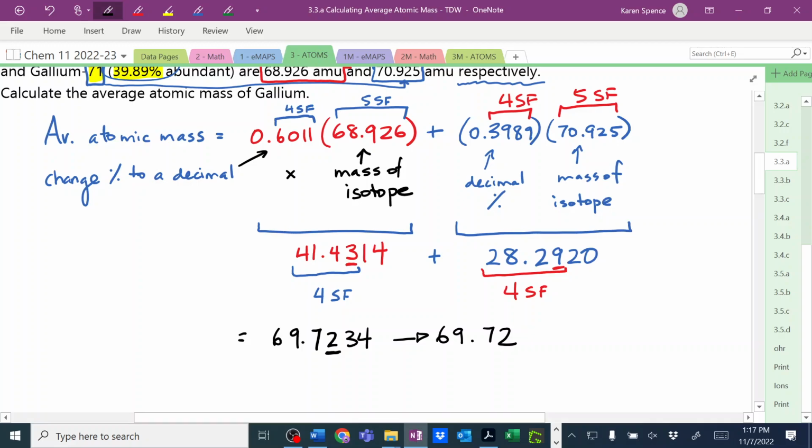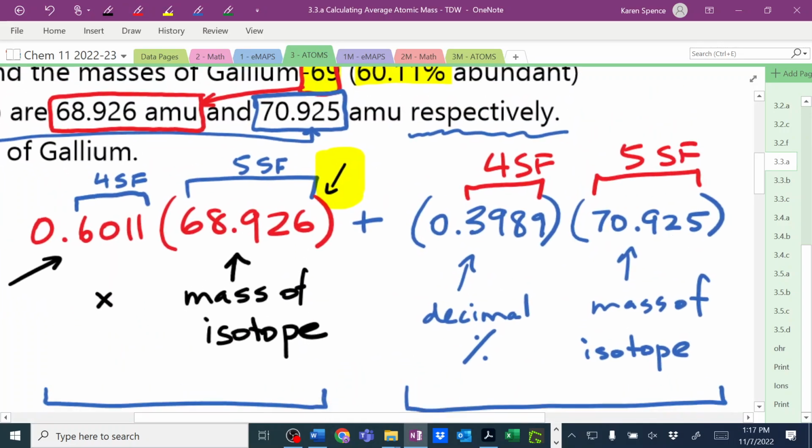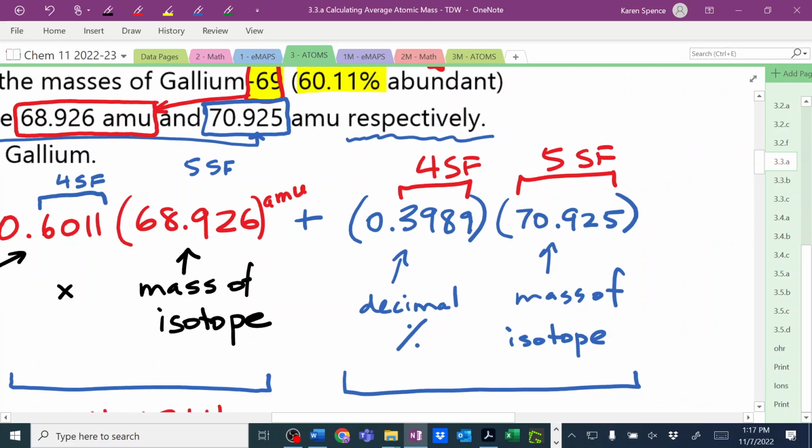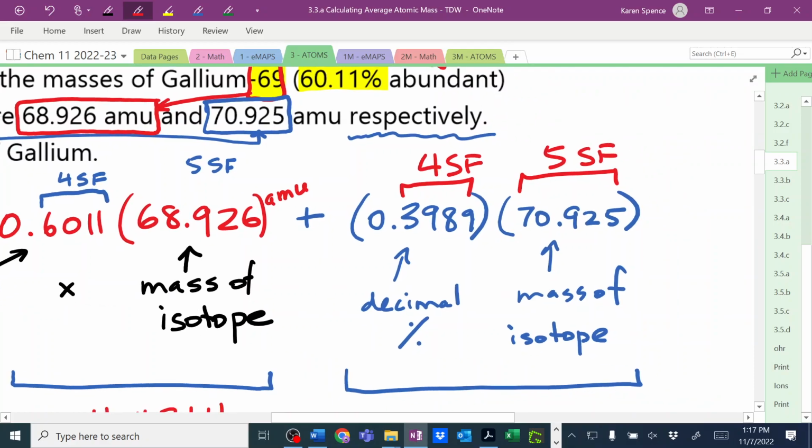What have I got up here? What are my units right up here? 68.926 AMU. And I have 70.925 AMU.